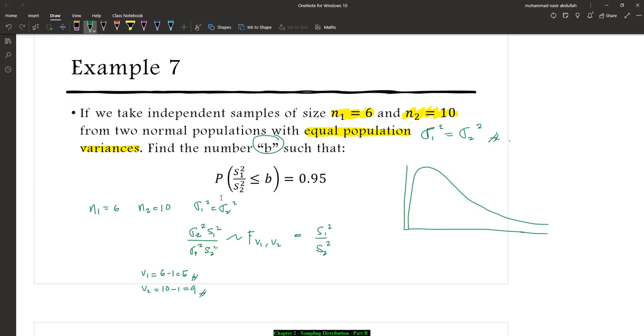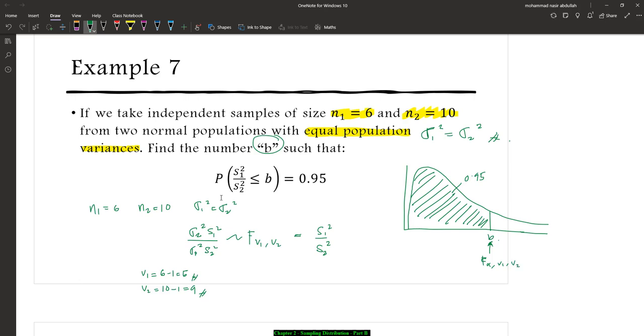This is not the area that we want to find. This is the area that we want to find, less than B, 0.95, and this is B, which should represent F alpha with V1 and V2 degrees of freedom.